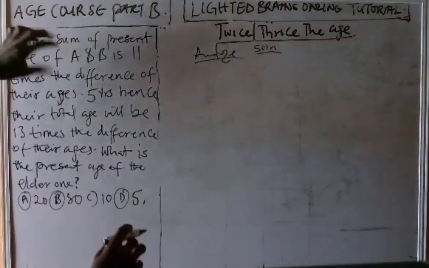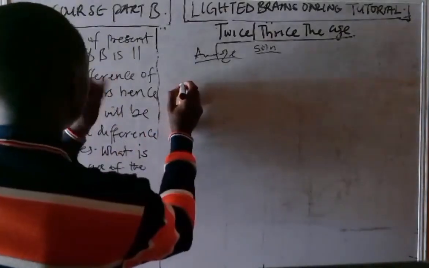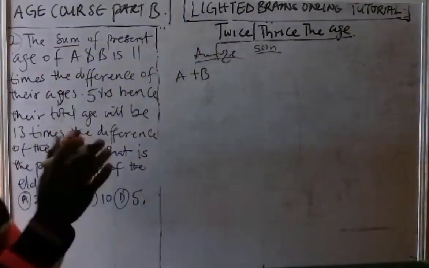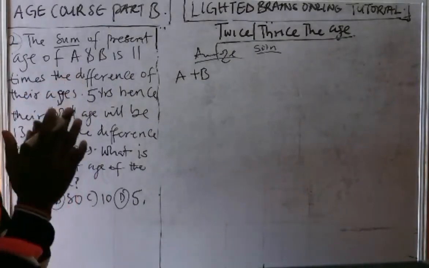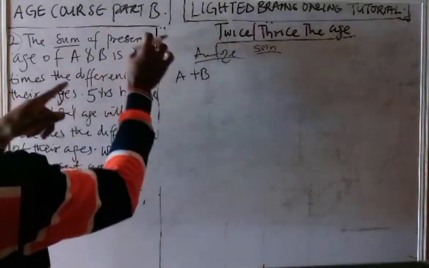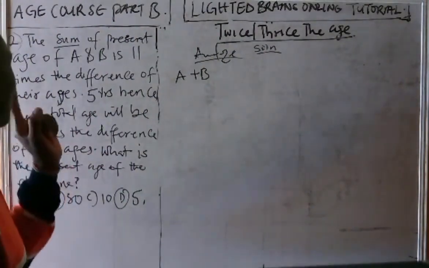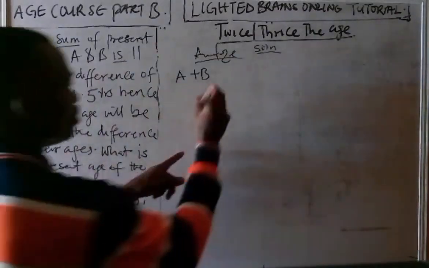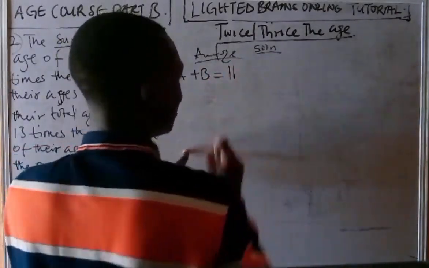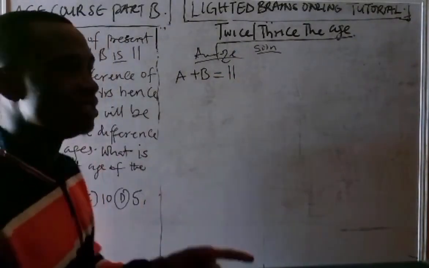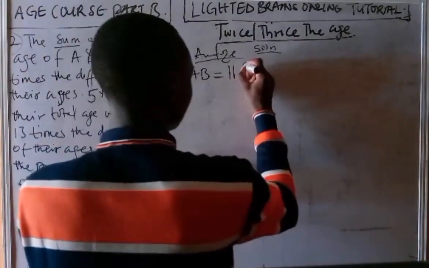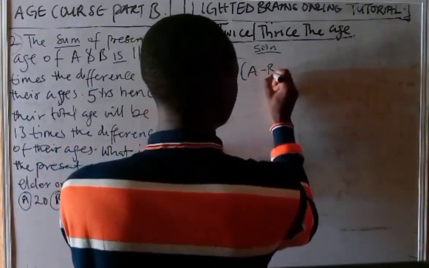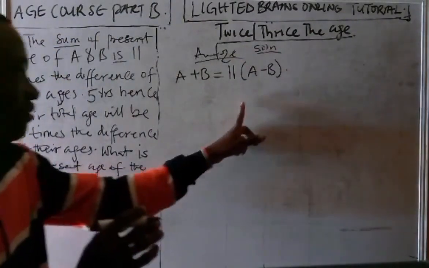They are saying that the sum of the present age of A and B, that is A plus B. Whenever you see the word sum, it means plus, addition. Is means equal to. 11 times means multiplication. The difference of their ages, that is A minus B. This is the first step.